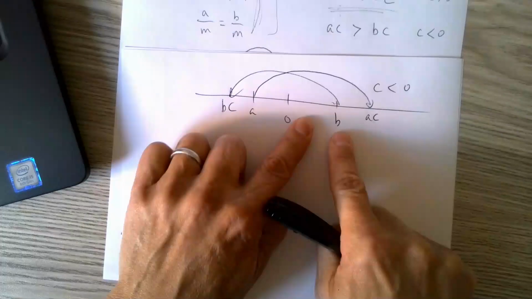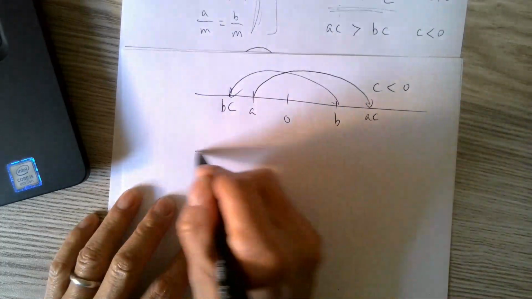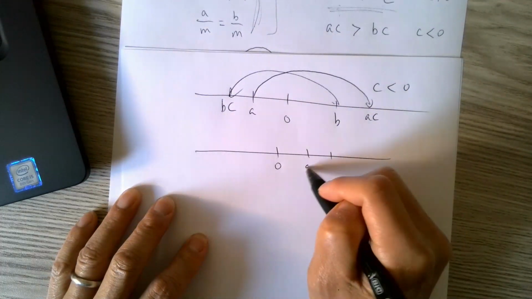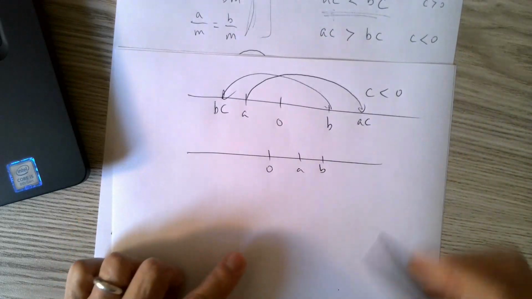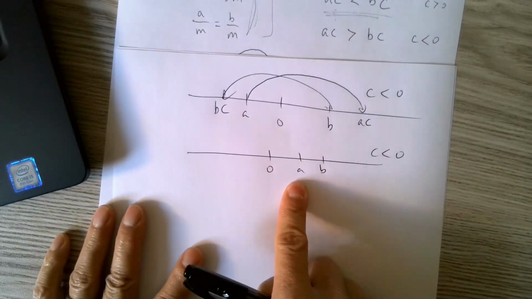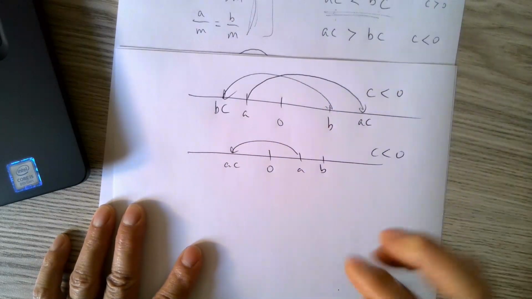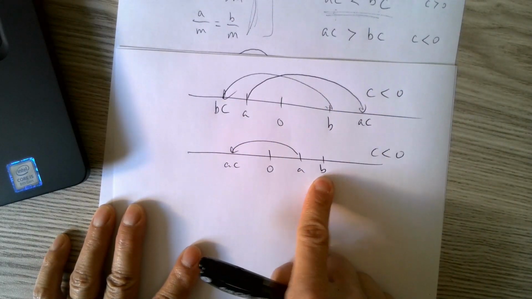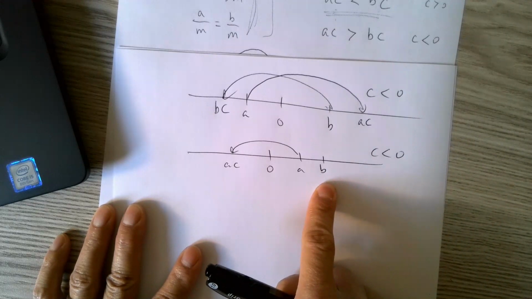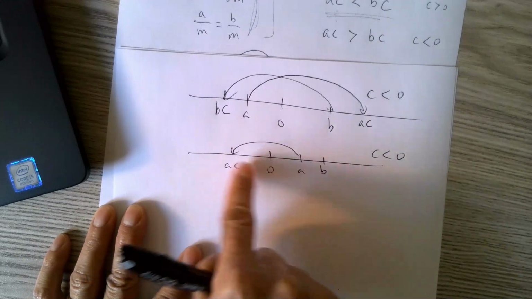What if A and B start out positive? Okay, C is negative. I multiply A by this negative number C. Product over here. I multiply this B by this same negative number C. I will get BC over here. Will it be here or here?